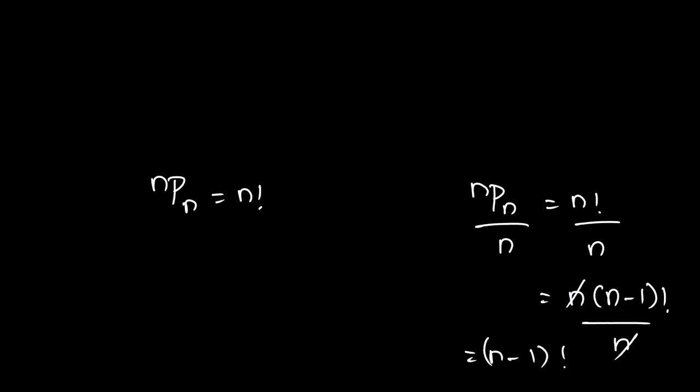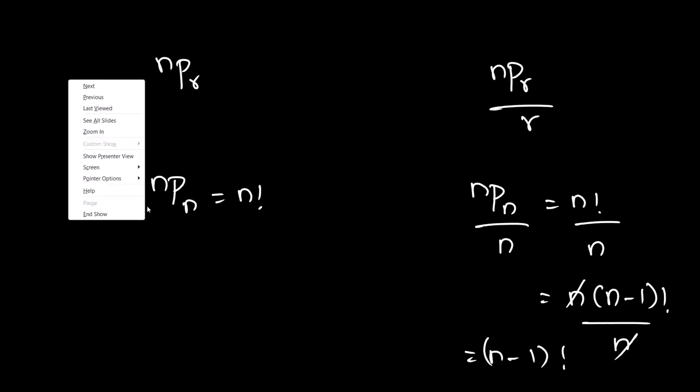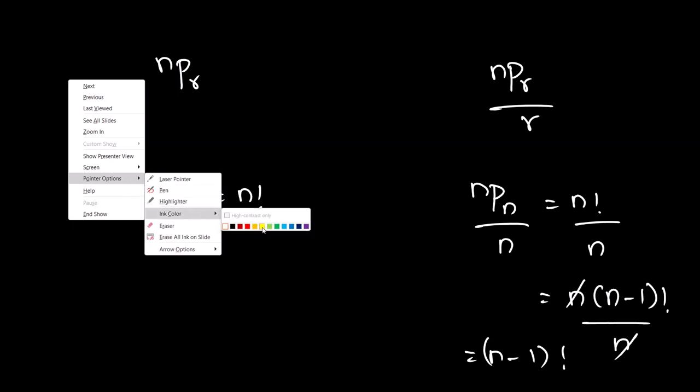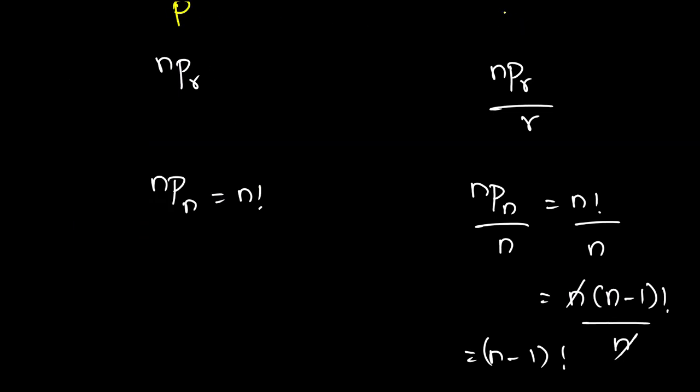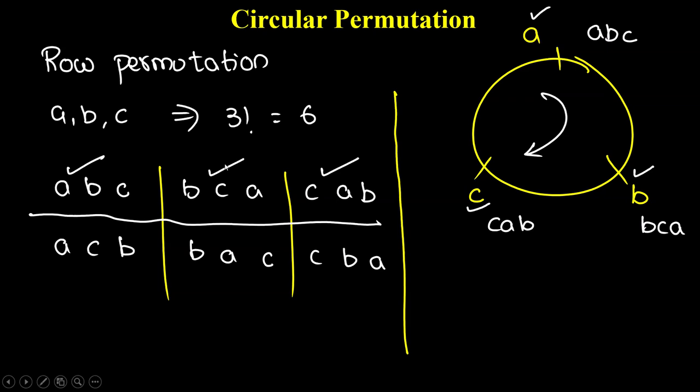For the same reason, if it is nPr, here it is nPr divided by r. In permutations, if we use nPr, in circular permutation you should use nPr divided by r in the same situation. This is the reason.